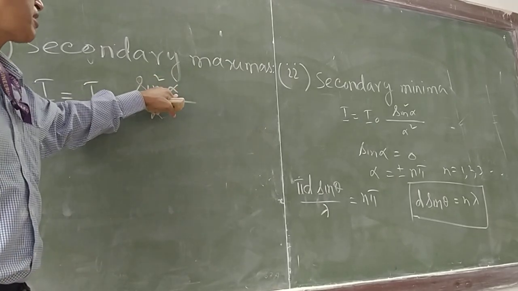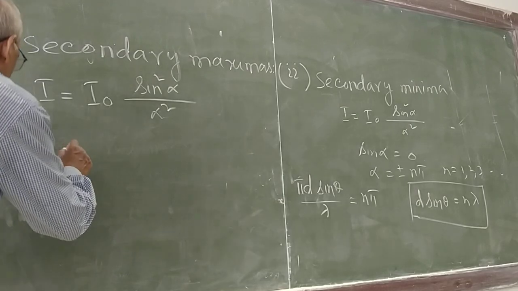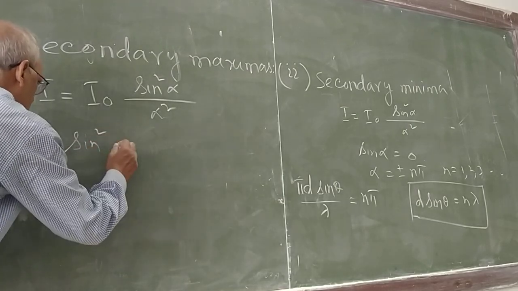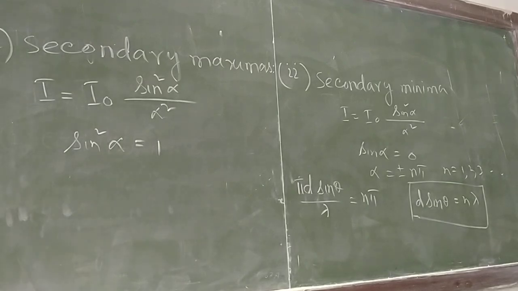What is the maximum value of sin square? Between 1 and 0, the maximum value of sin square alpha is equal to 1. As alpha keeps on increasing, we get the first local maximum with the condition sin square alpha is equal to 1. This is called the first secondary maximum.